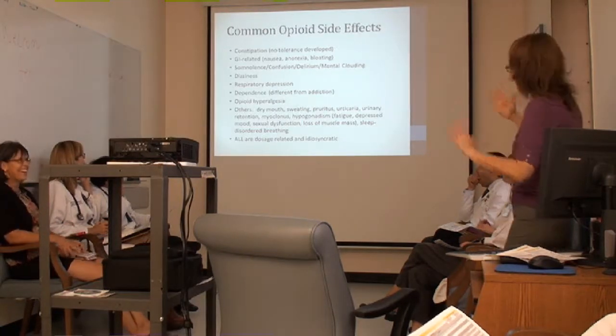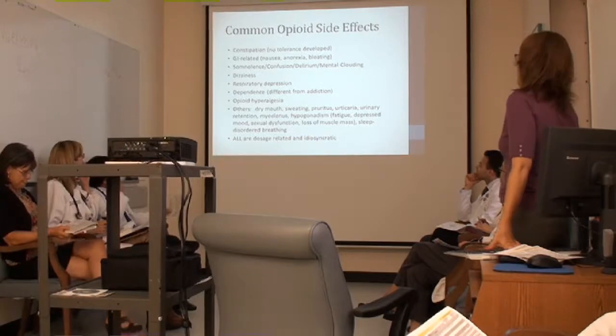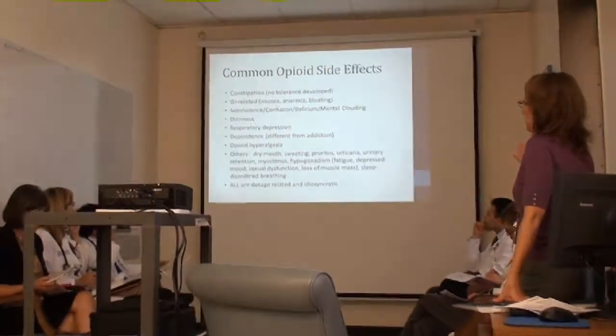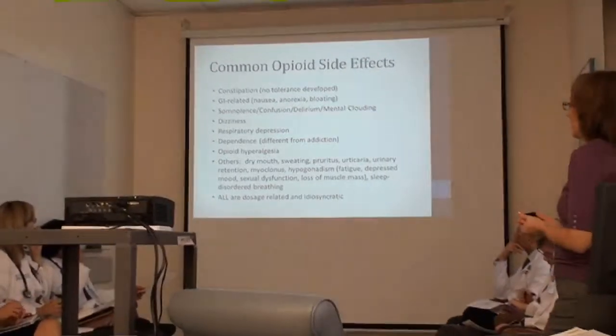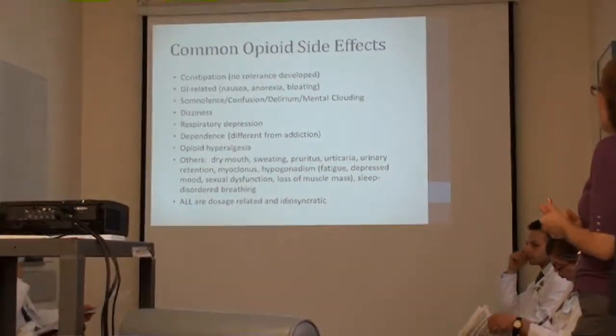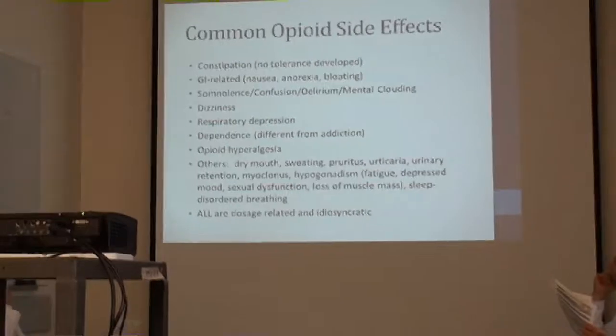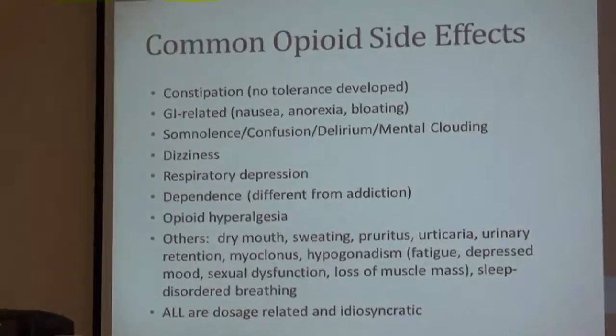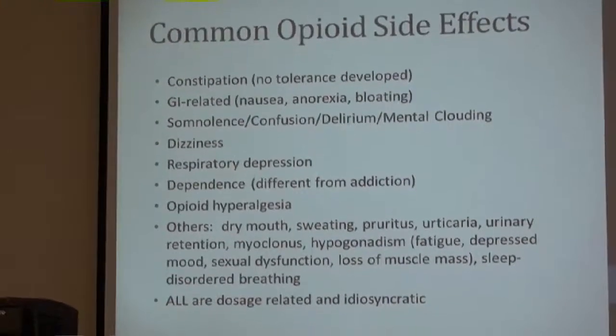In front of you guys, oh no. Anyway, that's okay. So, common opioid side effects. This is a good point to go over. They're all on your card. It's important to realize that you can treat through most side effects of opioids, and that they will go away over time.